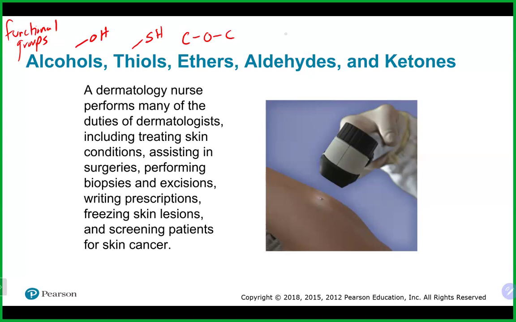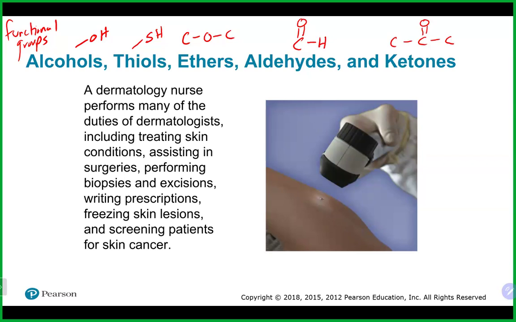Aldehydes have actually a carbon oxygen double bond and an H. And ketones have a run of at least 3 carbons in a row, and the middle carbon has a carbon oxygen double bond. So these are the functional groups of each of these organic compounds.